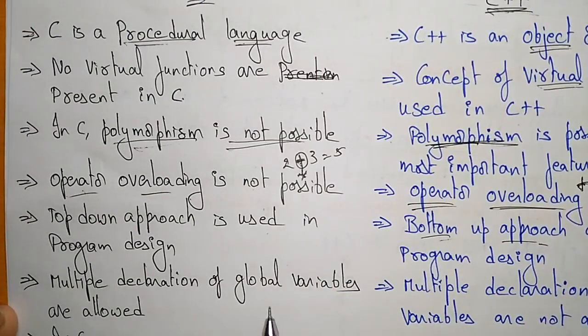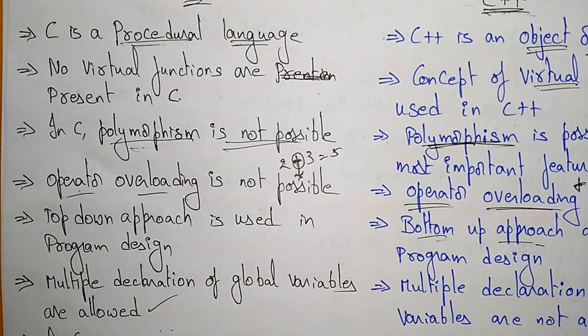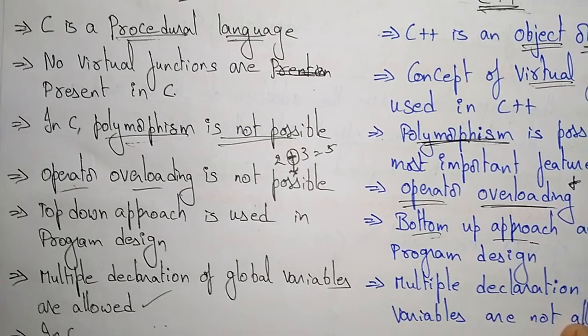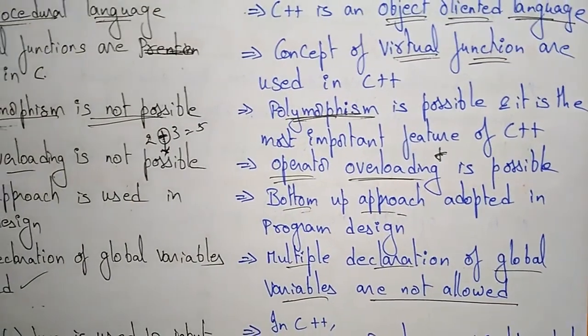And coming to the declaration of variables, in C multiple declarations of global variables are allowed. Suppose x is equal to 10, y is equal to 20. So you can allow multiple declarations globally. Whereas in C++, multiple declarations of global variables are not allowed.